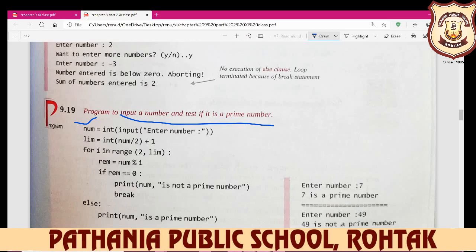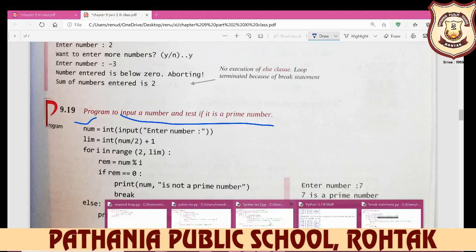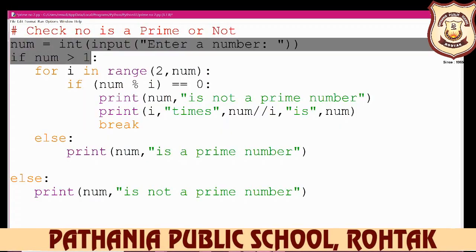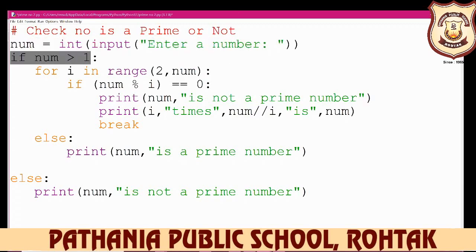So how do you do the practical of this program? Again open it. You see here, we take one variable like num, and here we input the num. Num is equal to int input, enter a number. After that we write if num greater than 1. If our number is greater than 1, then we write the loop: for i in range 2 comma num.